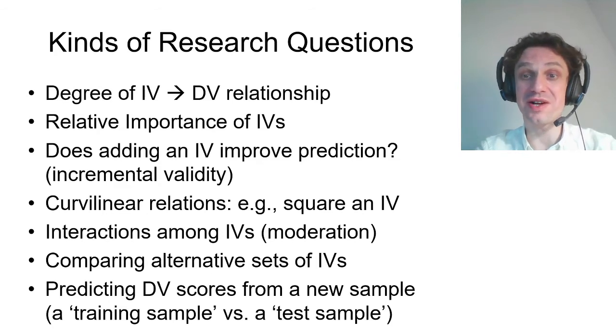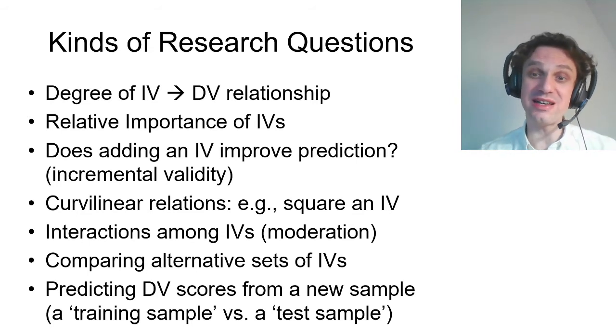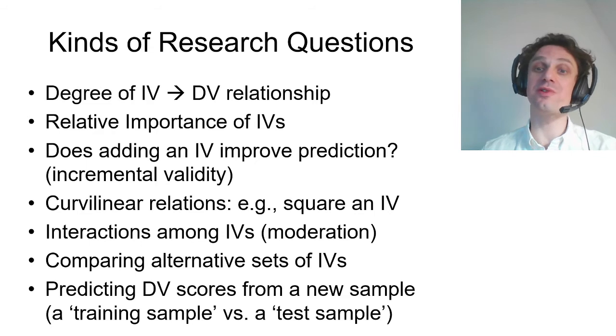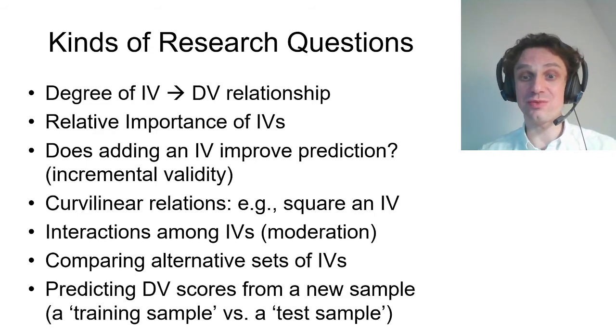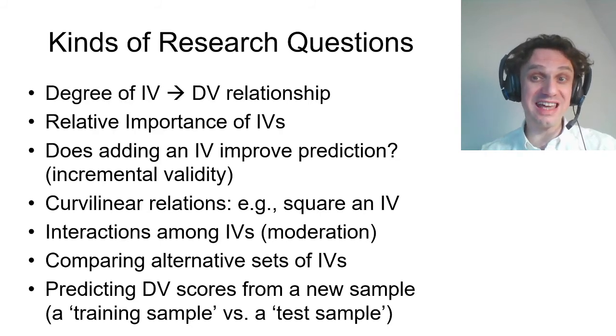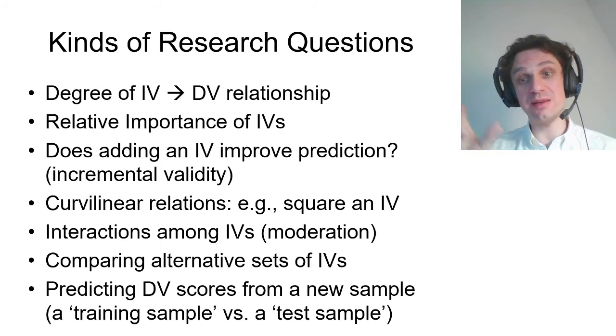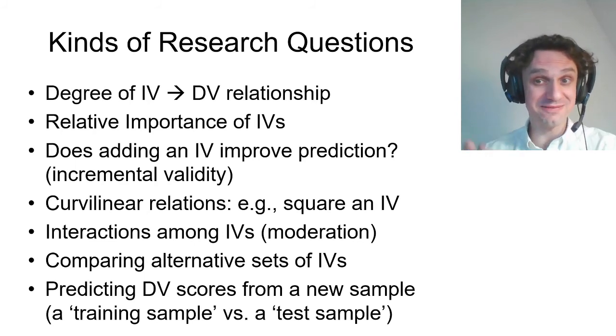Sometimes we do it in practice. For example, we train a regression model based on some sample, and then we deploy it, we use it in a certain situation. Or sometimes we develop a regression model based on one sample that we call a training sample, and then to see how well our regression model can replicate, we use a separate portion of the sample that we call a test sample, where we test it.